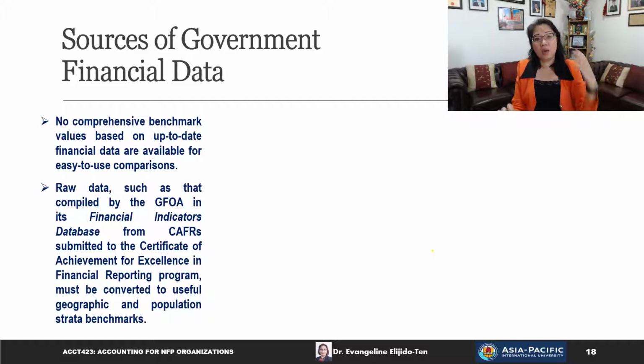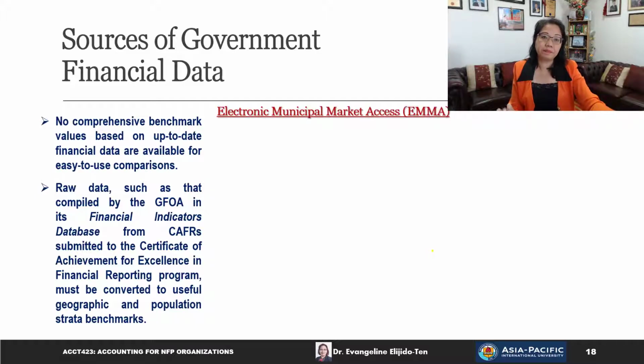But these are raw data, and so they must be converted to useful geographic and population strata benchmarks so that you can see whether you are able to compare your county or your city with another government body that is similar to your government entity.